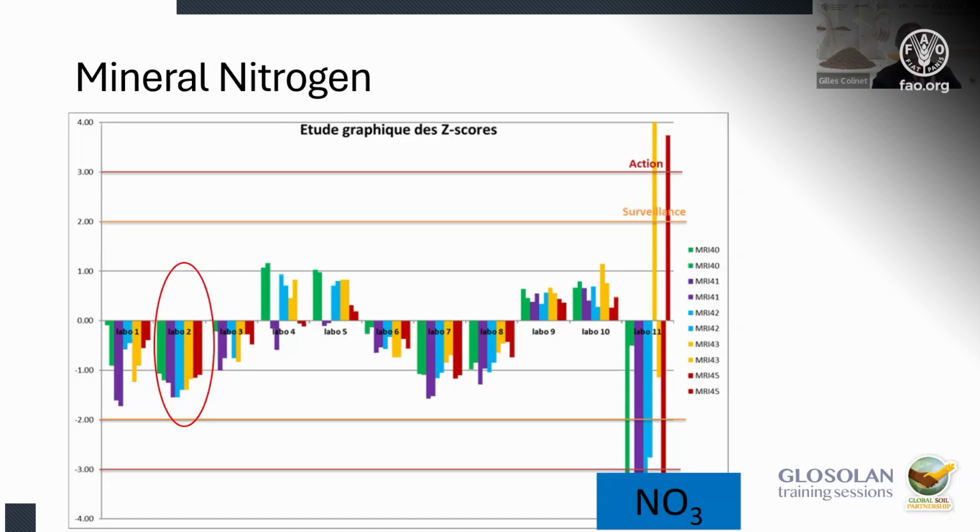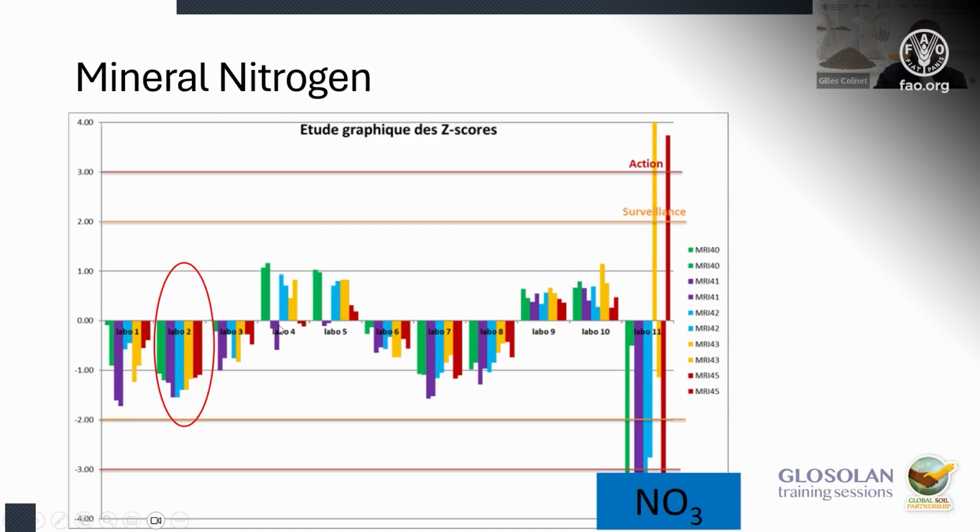Here, the samples are all control samples. And so they can be used sometimes. And you see that some labs are, so this is the variation to the mean.